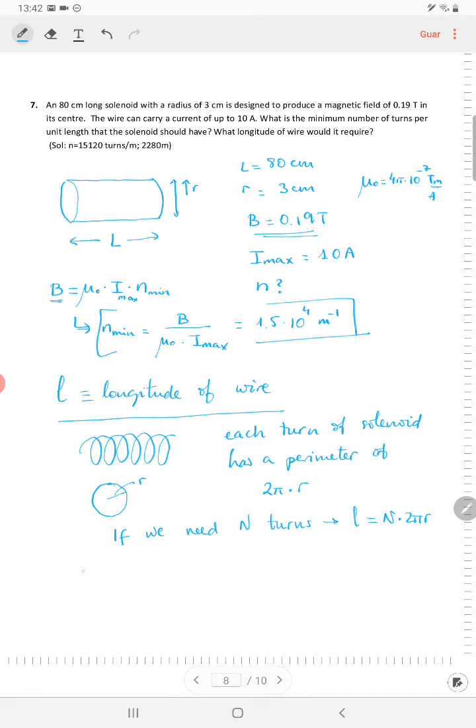We don't know n, but we can calculate it, because n is going to be the number of turns per unit length times the total length, big L. So all in all, small l is going to be small n times big L times 2 pi times r. If you use everything in the international system and you do the calculations, this gives you an l of 2,280 meters, which is quite long.